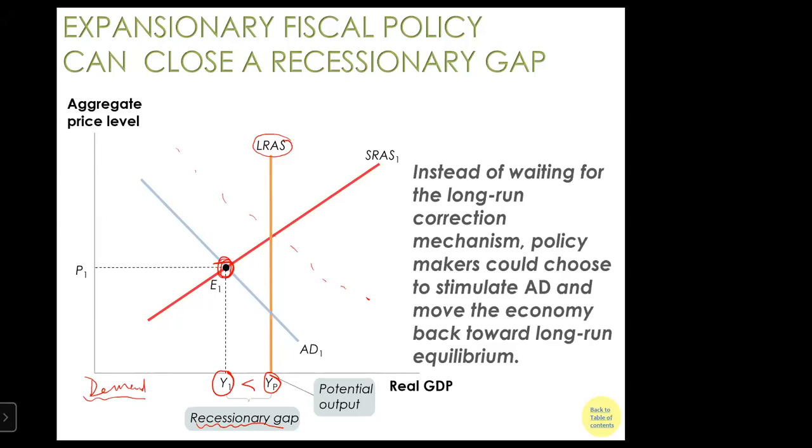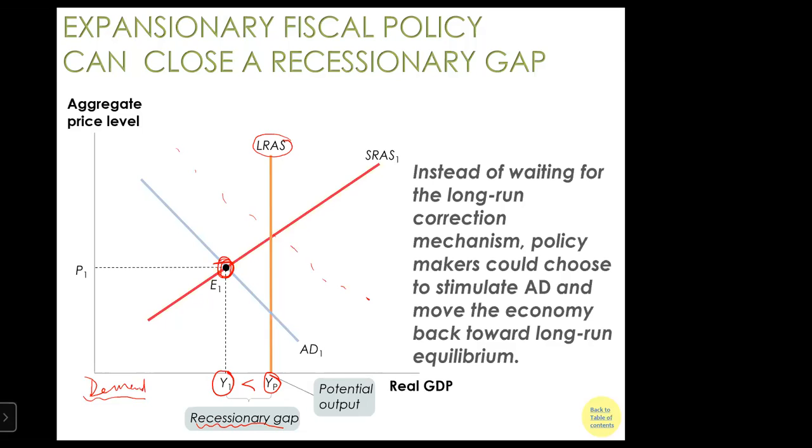Without government intervention, as we have learned in the previous chapter, this recessionary gap means the unemployment rate is high, meaning over time the wage will go down.